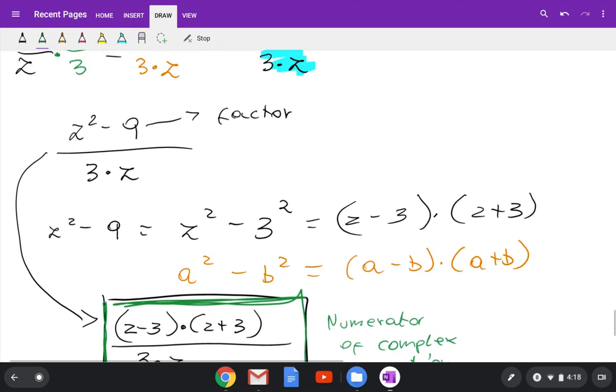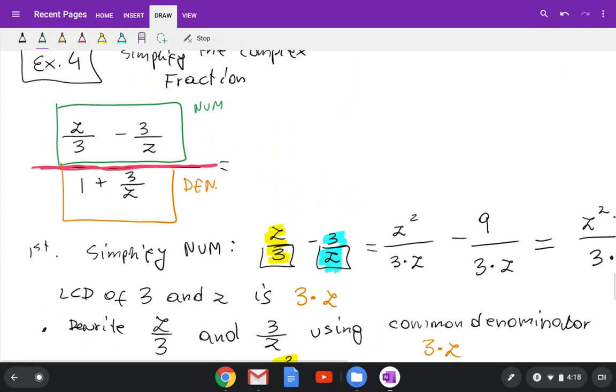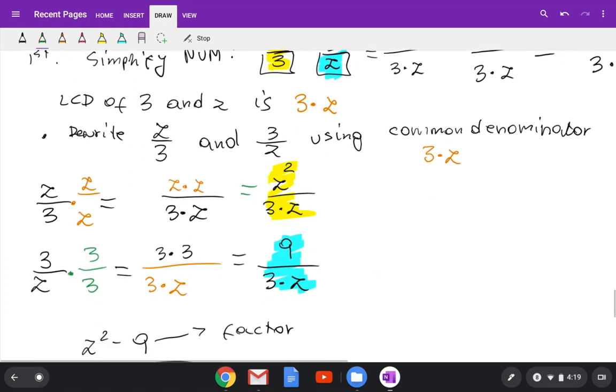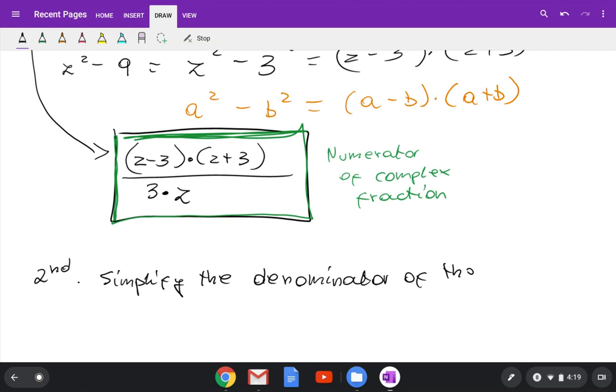Now what I'm going to do, okay, I'm not writing steps, I'm explaining them. I'm going to simplify the denominator of the original complex fraction.